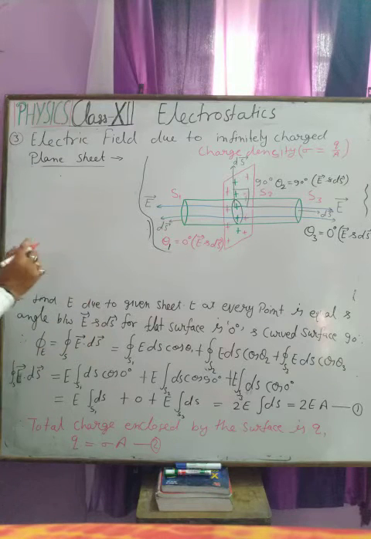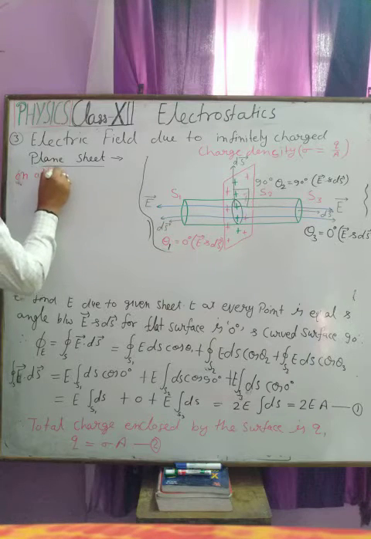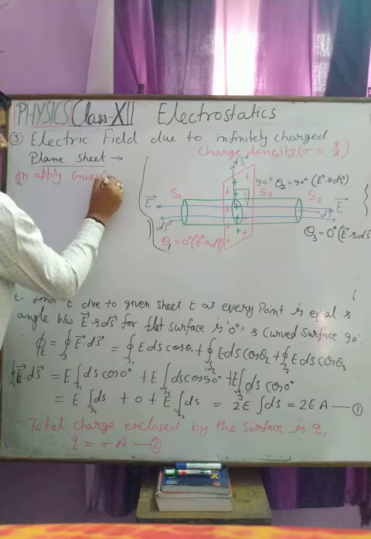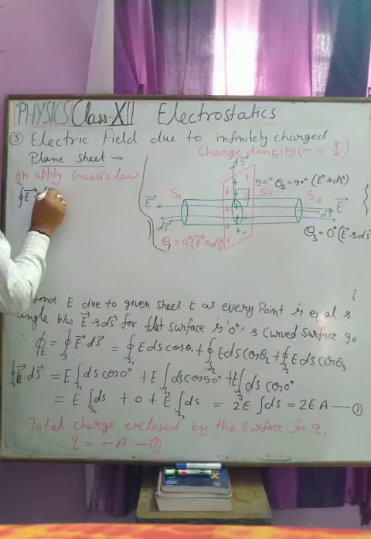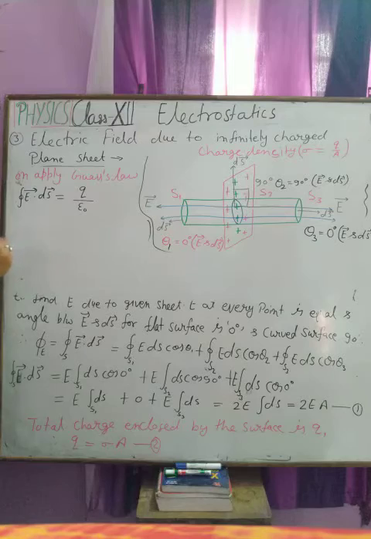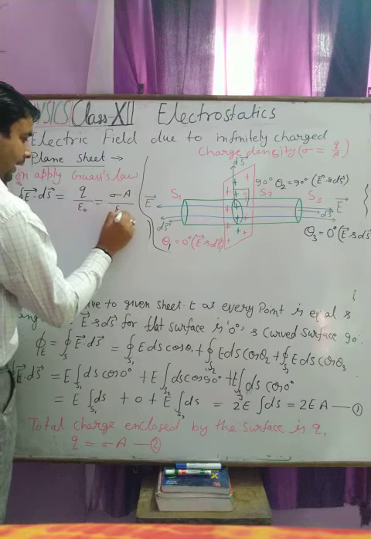According to Gauss's law, applying Gauss's law, we get the integral of vector E dot ds equal to q upon epsilon naught, and this q has the value sigma A upon epsilon naught.